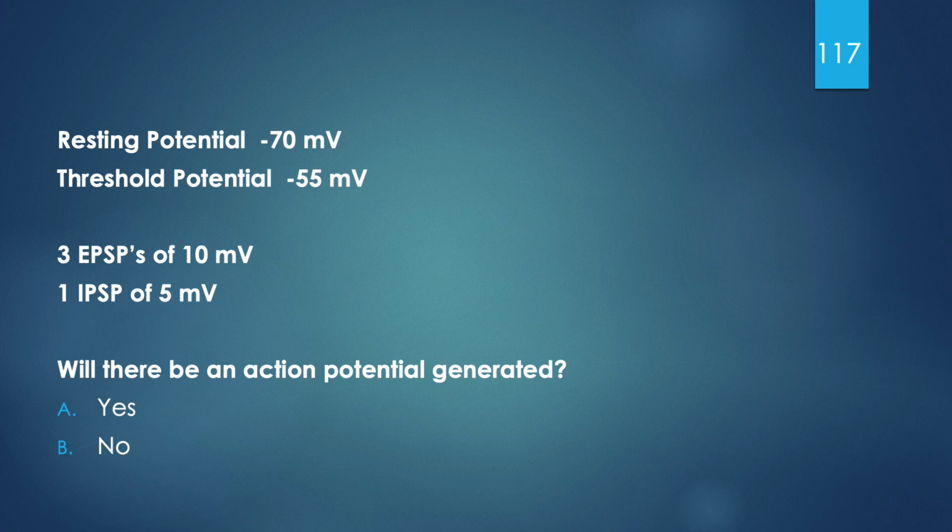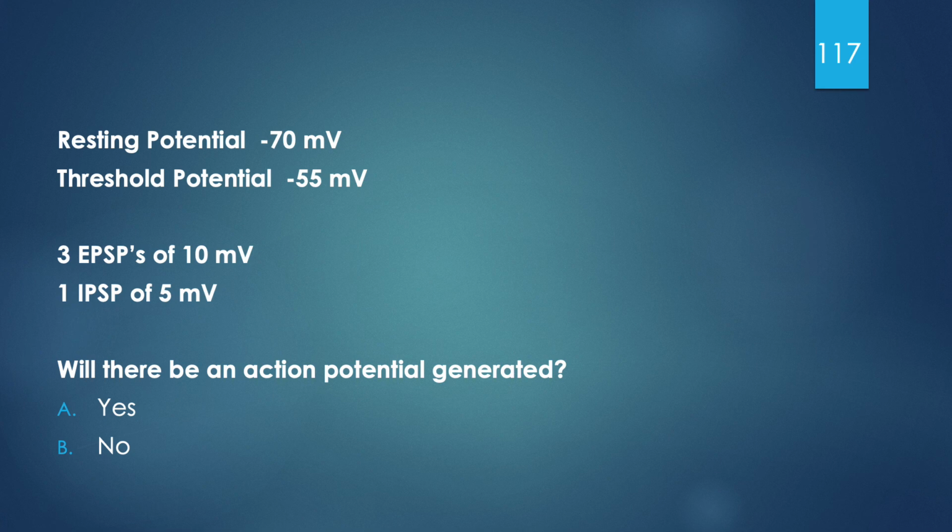This question is going to require you to do a little bit of math. So hot tip, you can expect to see stuff like this on the exam. Will there be an action potential generated? The given situation is that the resting potential is negative 70 millivolts, the threshold potential is negative 55 millivolts, and what the cell receives are 3 EPSPs of 10 millivolts and 1 IPSP of 5 millivolts.